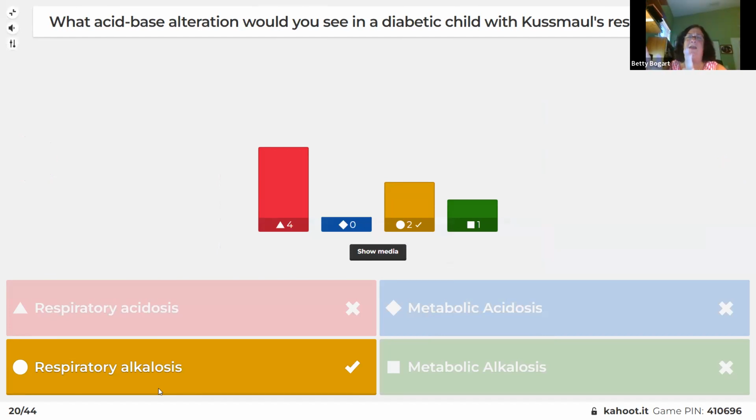So metabolic acidosis, so we want something respiratory, and we want it alkalotic. Remember, Kussmaul is these long pursed breaths, okay? So that causes an alkalotic state in the respiratory system, trying to correct the metabolic diabetic ketoacidosis. Okay, the body's trying to correct it by breathing longer and producing more bicarb.